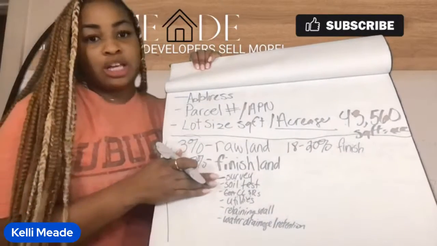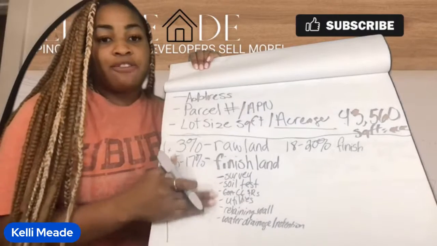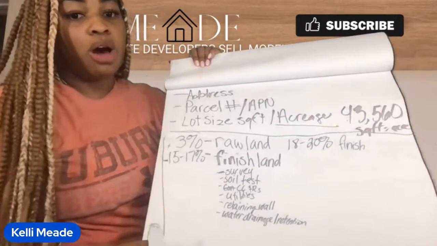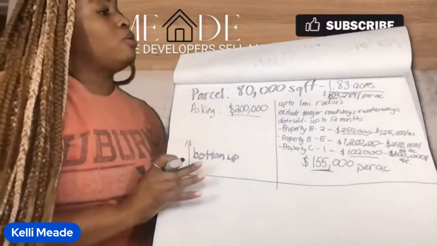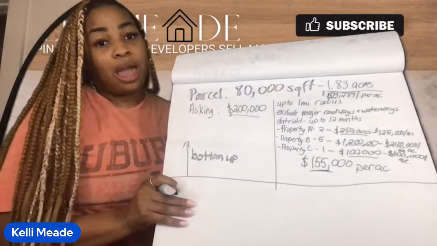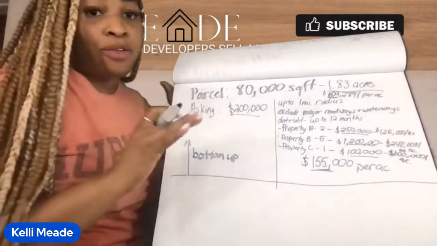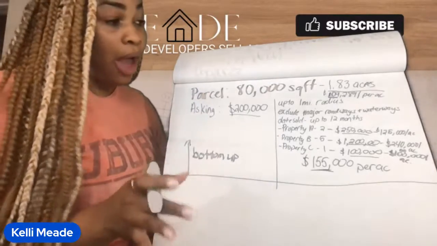And what that means is that you're going to get surveys, soil tests, you're going to check all your covenants and restrictions, you're going to get utilities, water laid, you're going to get a retaining wall, drainage if need be. You're going to have all those things done before you ever pad a lot and start to pour concrete, okay? That's cost before you ever pin or stake one lot to start building, okay?